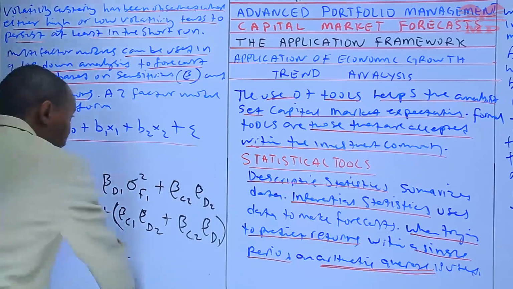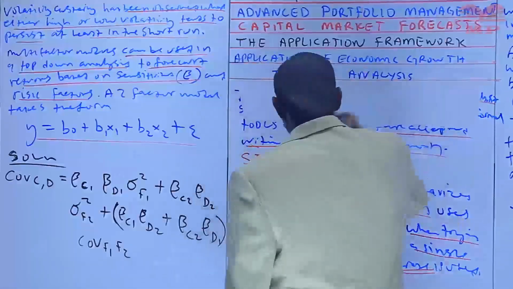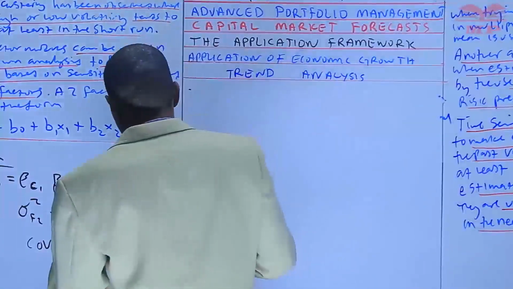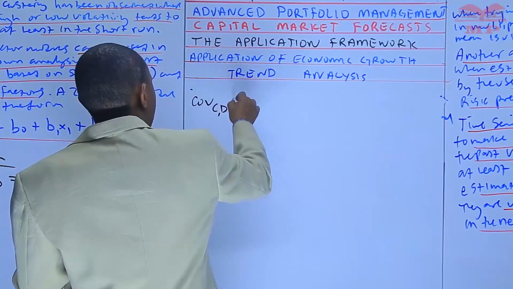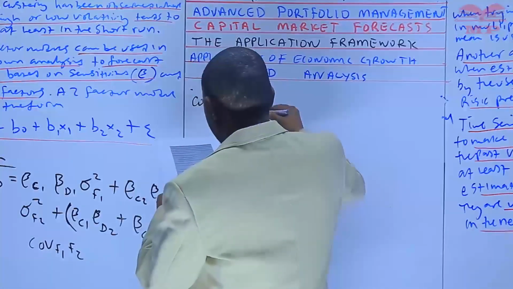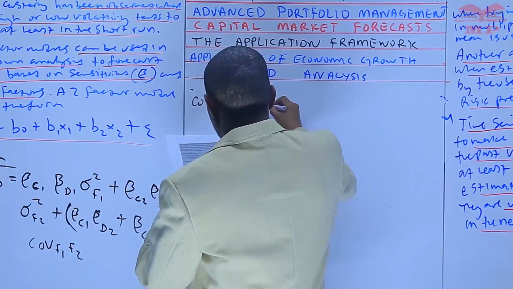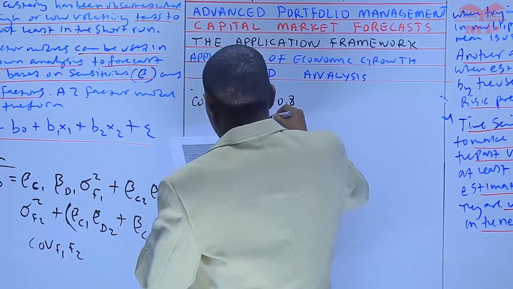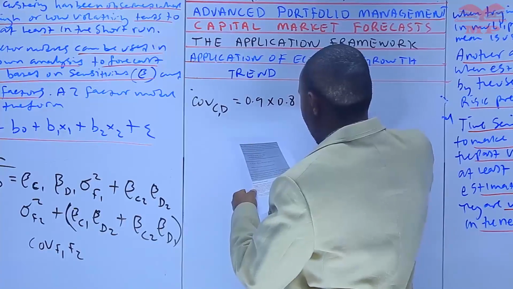So putting it all together, if you allow me, I can come on this other side, ladies and gentlemen. So the specifics in terms of the values. Covariance CD is given as, repeating what we've just written but now putting the values there: 0.9 multiplied by 0.8 multiplied by 0.0211.